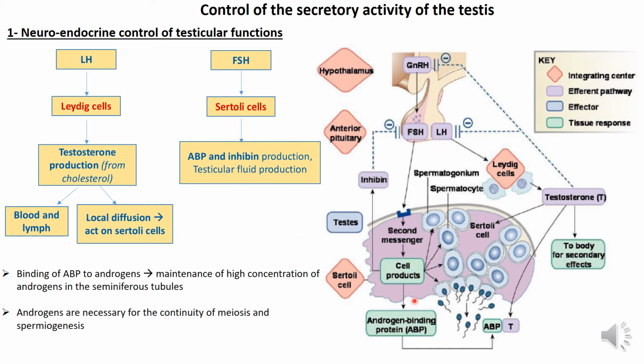In fact, the testicular fluid is produced by the Sertoli cells, and it will be secreted in the lumen. And this testicular fluid, by moving, will transport with it the sperm cells from the seminiferous tubule to the epididymis.